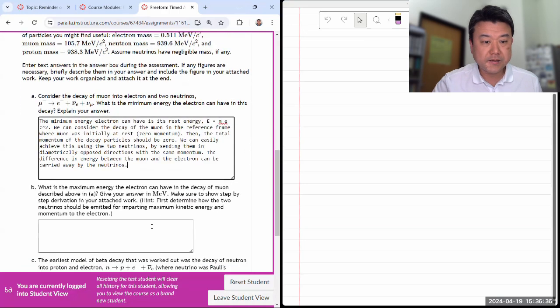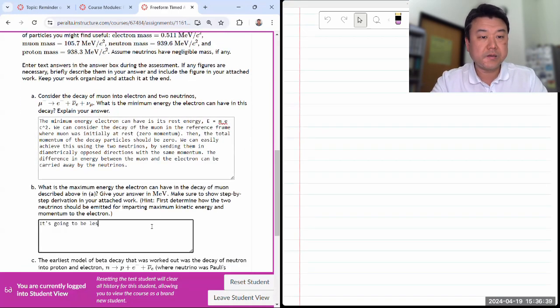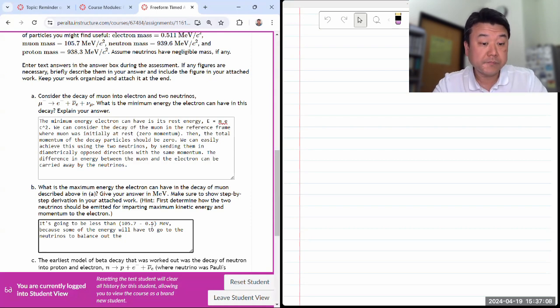I'll say it's going to be less than the muon's energy, 105.7 minus 0.5 MeV, because some of the energy will have to go to the neutrinos to balance out the difference in the rest energies of the muon and the electron.